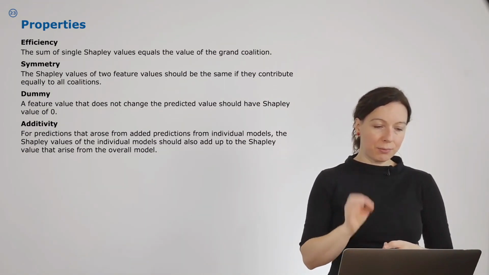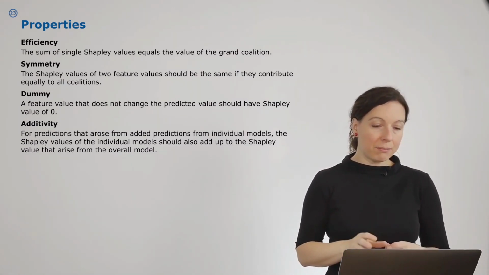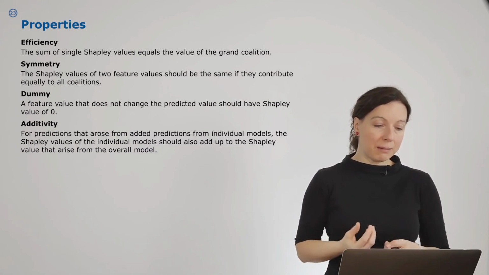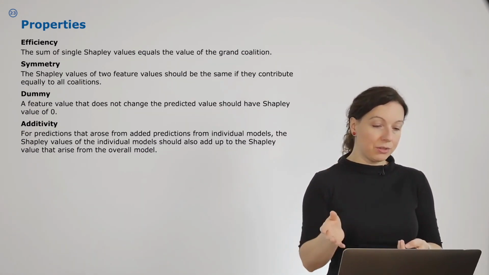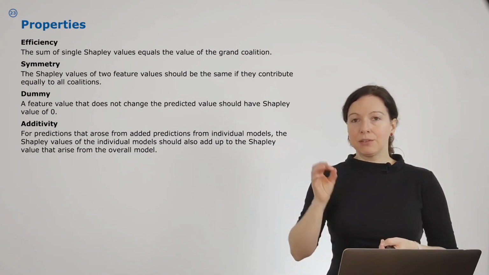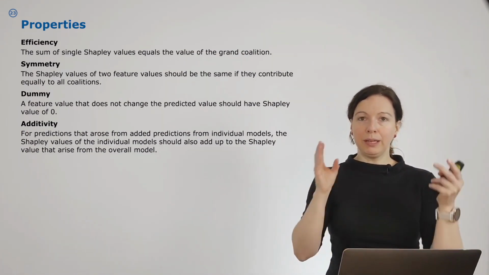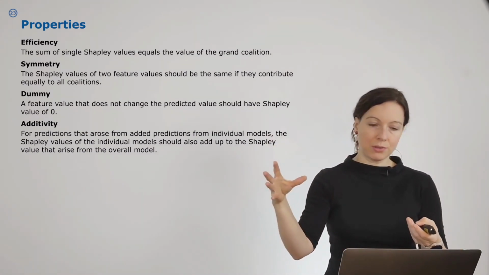Additivity means for predictions that arose from added predictions from individual models, the Shapley values of the individual models should also add up to the Shapley value that arises from the overall model. To give you an example, we have decision trees, and a random forest is a sum of these decision trees.